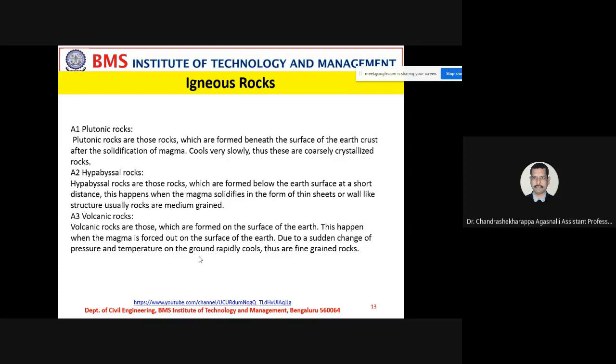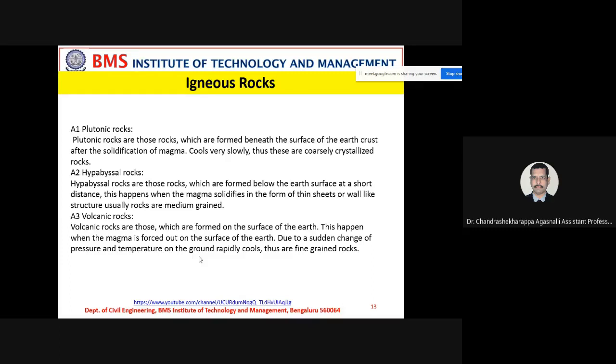You can see that. Now the second one, hypabyssal rocks. Hypabyssal rocks are those rocks which are formed below the earth surface at a short distance, that means maybe 1 or 2 kilometers down below. These rocks are formed just below the earth, at a very shallow depth.